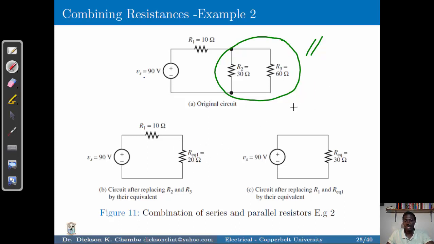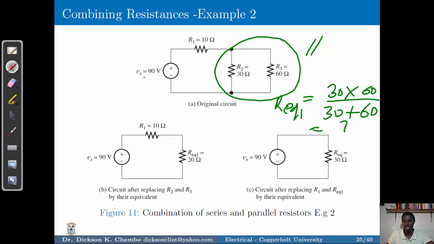So our equivalent resistance, Req1, is simply 30 times 60 divided by 30 plus 60. When we do that, we obtain our solution to be 20 ohms.